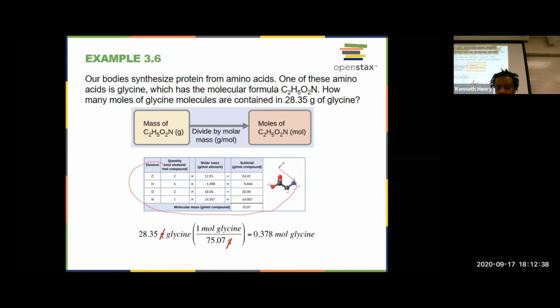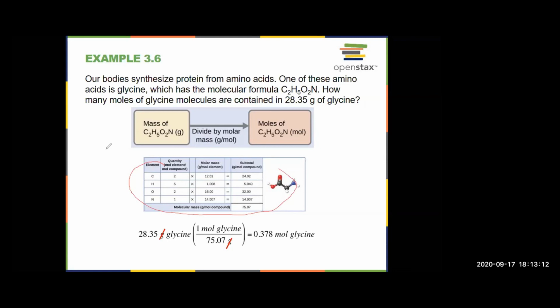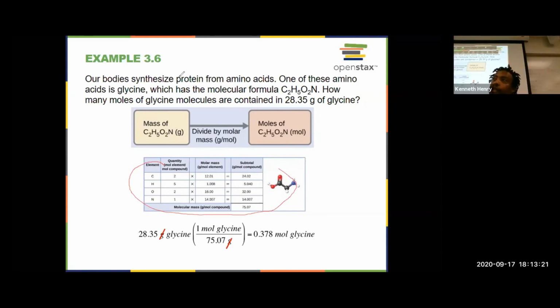Get the chemical formula for nicotine. Okay, you guys ready for nicotine?